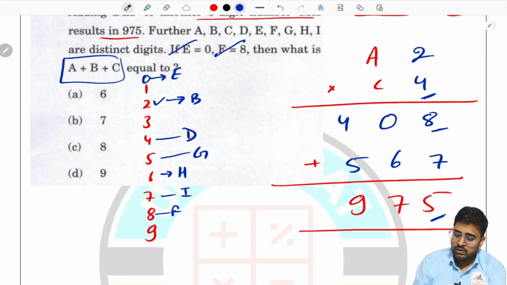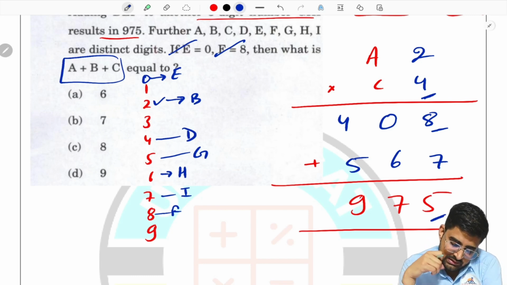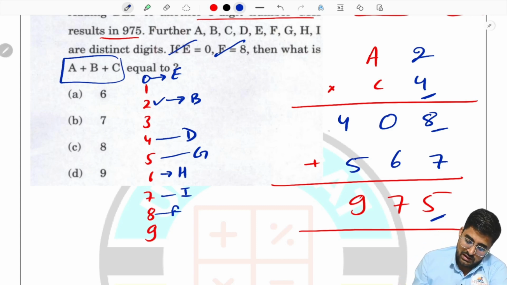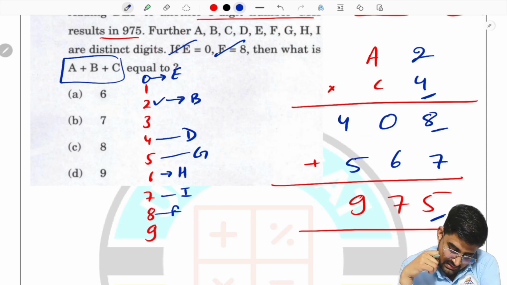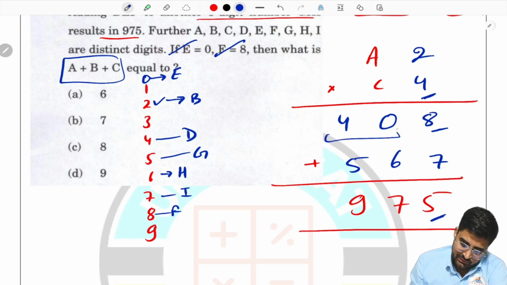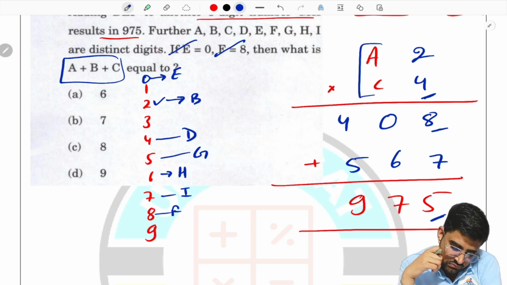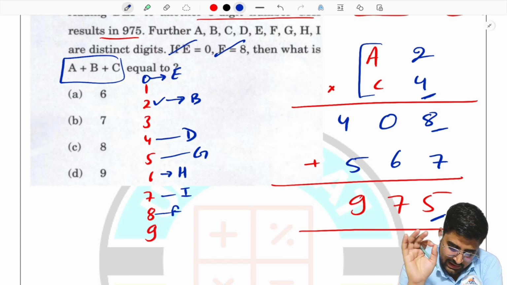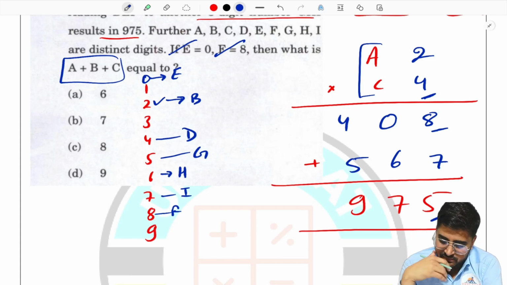Now we get 8, which means there is no carry forward. We have a pure A into C, and the situation is that we need 40, because there are some other calculations going on here also. So A and C. For a timing, let's try to understand.